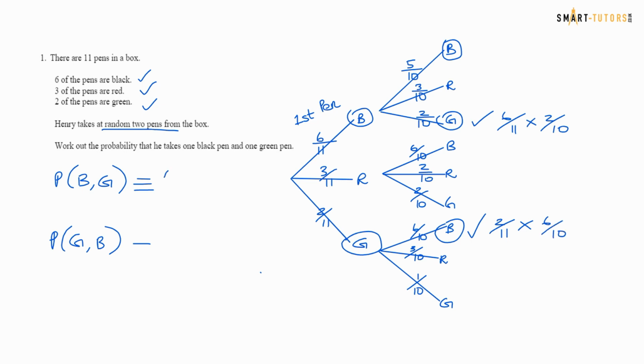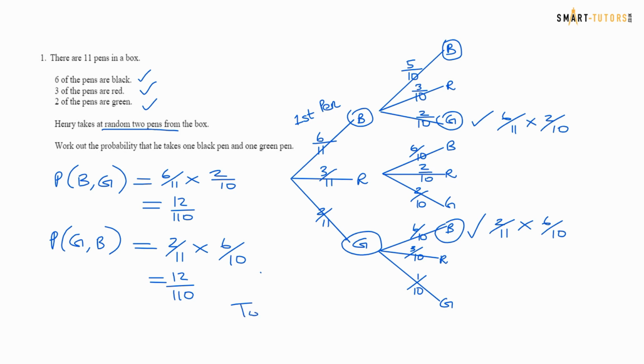So 6 upon 11 times 2 upon 10, multiply together, 12 upon 110, and 2 upon 11 times 6 upon 10 is 12 upon 110.